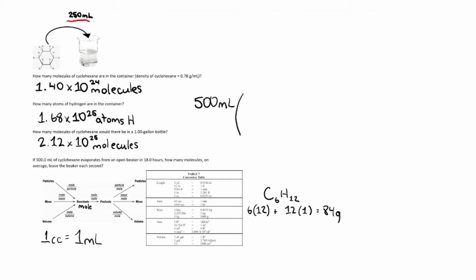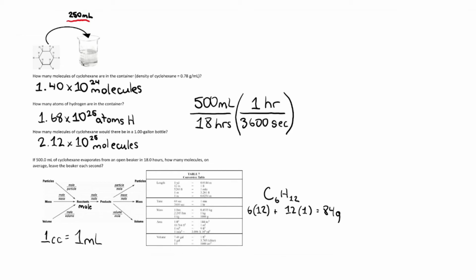We need to convert this from milliliters per hour to molecules per second. So we have 500 milliliters per 18 hours. So let's convert hours to seconds first. It's the easiest one. So for every 1 hour, and the reason why we're writing that on the top is because we need to cancel these units, you get 3,600 seconds.